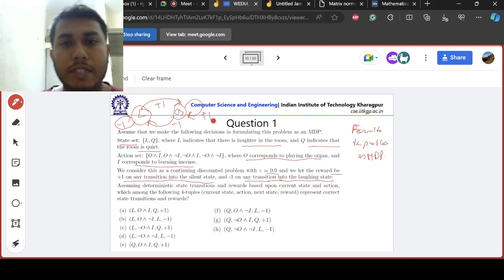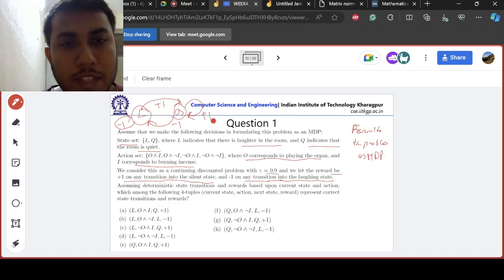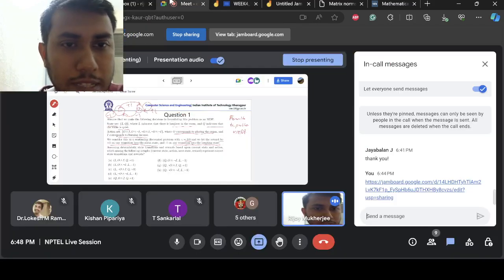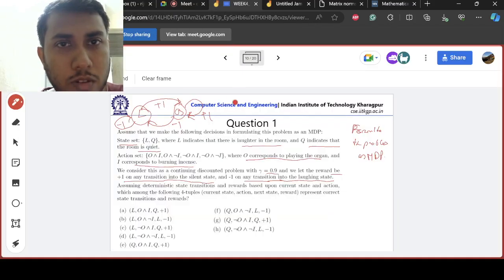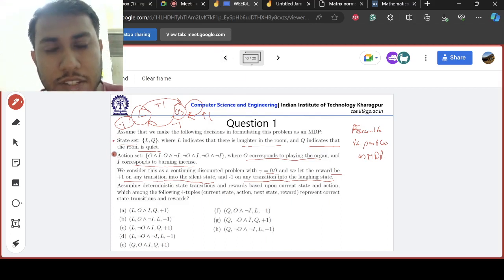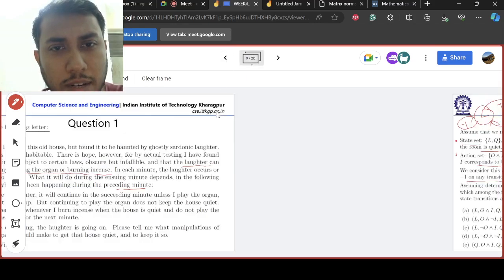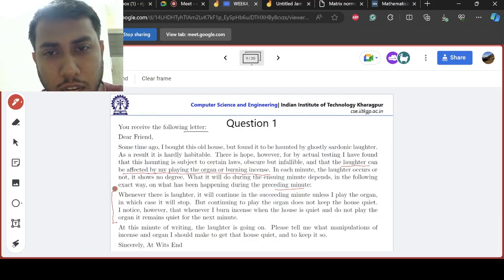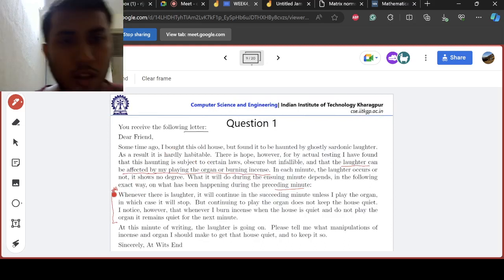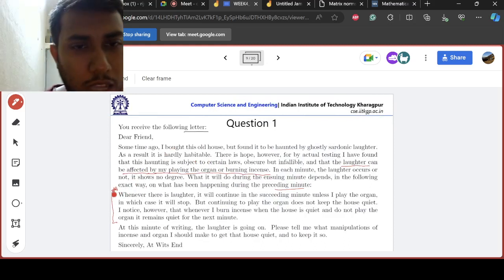So assume a deterministic transition and reward based upon the current state and action. Which of the following four tuples represent the correct transition and rewards? Basically, this is your state and action set, and you have been given some conditions based on which you need to find out the MDP.